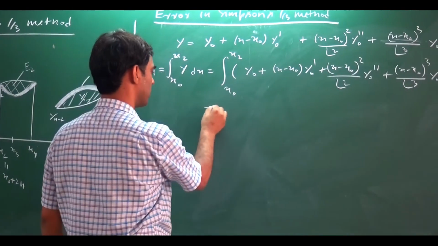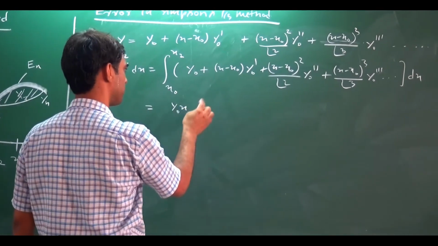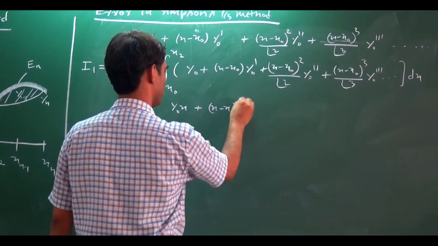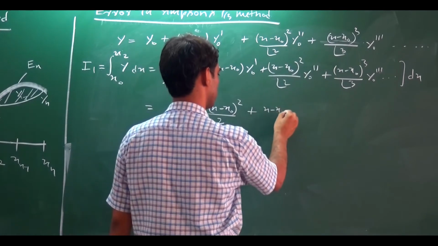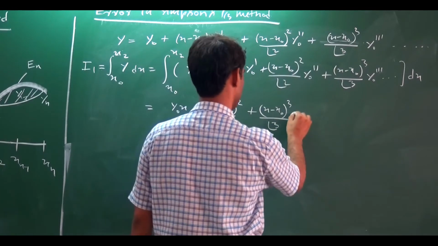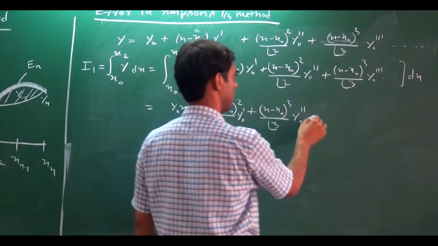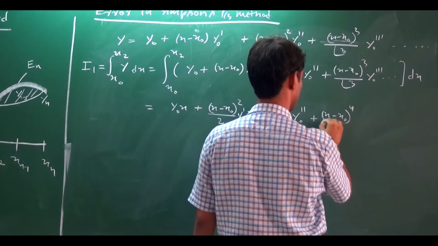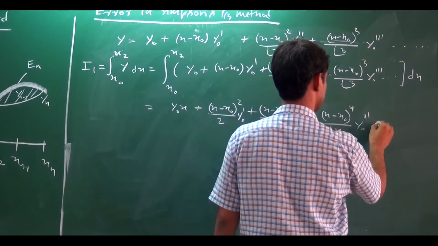So I1 equals, if we integrate this, y0 x plus (x minus x0) whole square divided by 2 y0 dash plus (x minus x0) whole cube divided by factorial 3 y0 double dash, and similarly (x minus x0) to the power 4 upon factorial 4 y0 triple dash and so on.